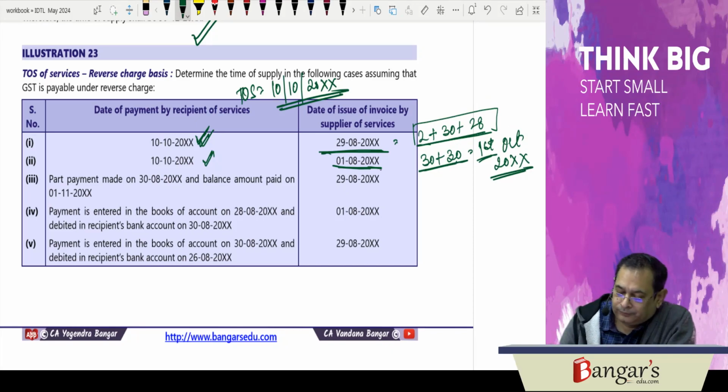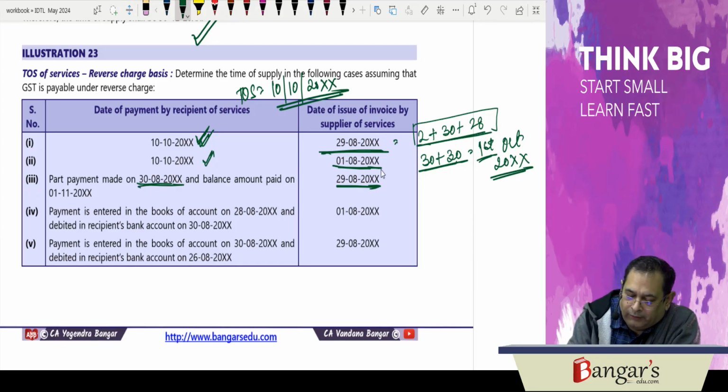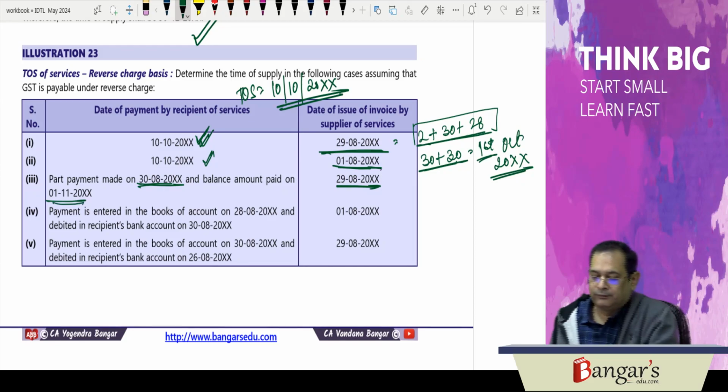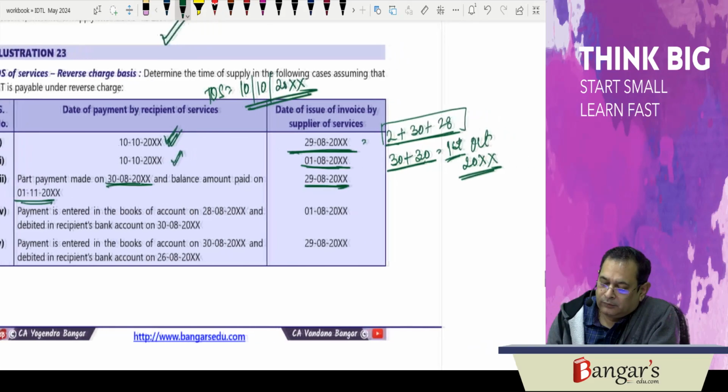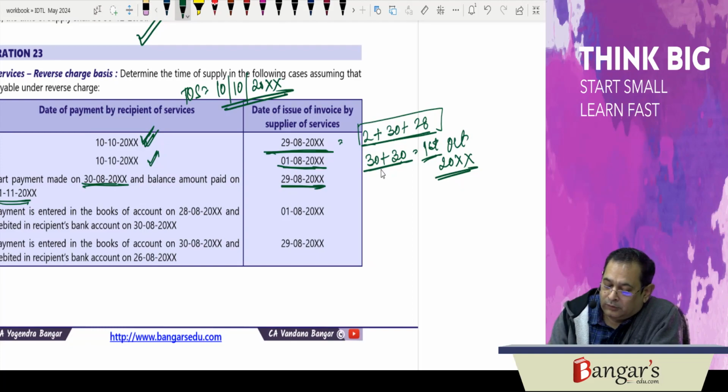Now here, invoice 29/8. Part payment is made on 30th of August and one on 1/11. So here, 61st day from date of invoice is how much? 2 days for August, then September, and then October. 28th of October is 60 days.